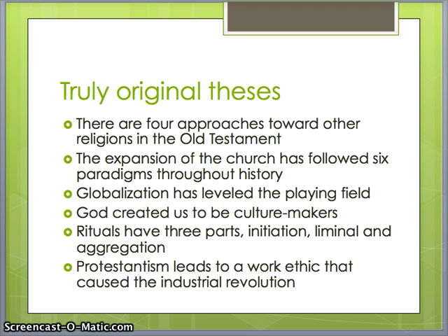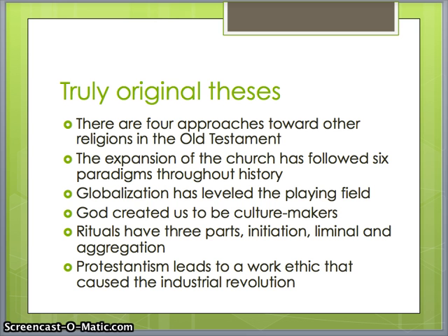Here is a best-selling book thesis: Globalization has leveled the playing field. This comes from Thomas Friedman's book on globalization. One central understanding of what globalization has done is that it made it so that people in all market economies have an equal chance for competition. Okay, God created us to be culture makers. That's Andy Crouch's thesis. Rituals have 3 parts: initiation, liminal, and aggregation.